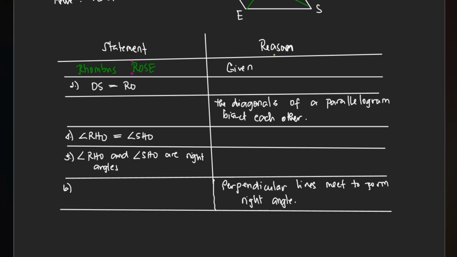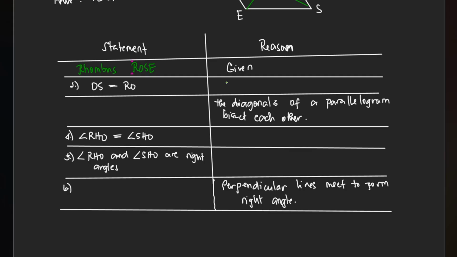So, if you check, we have line OS and line RO. Ito yung mga line na nasa top at nasa bottom ng rhombus natin.